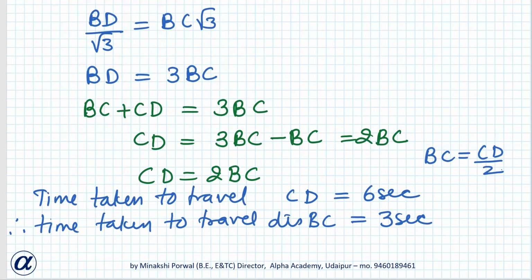So if 6 seconds are needed for distance CD, then for BC it will be half, so it will be 3 seconds. This is the answer.